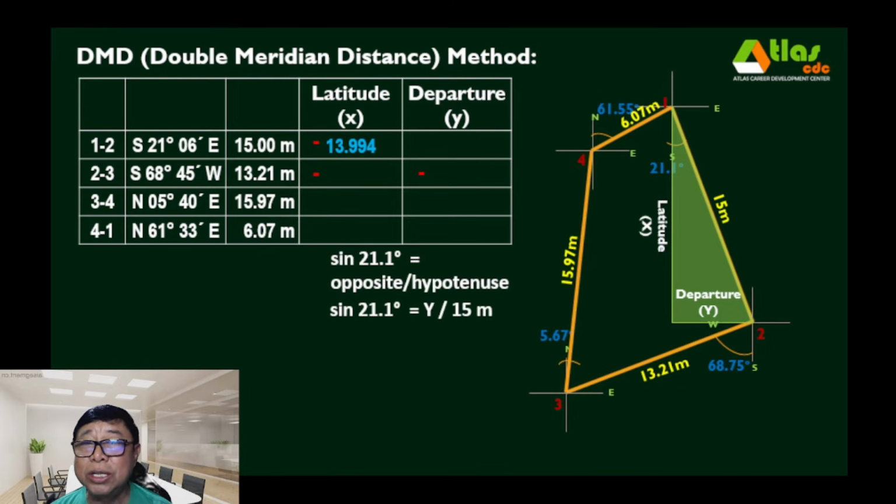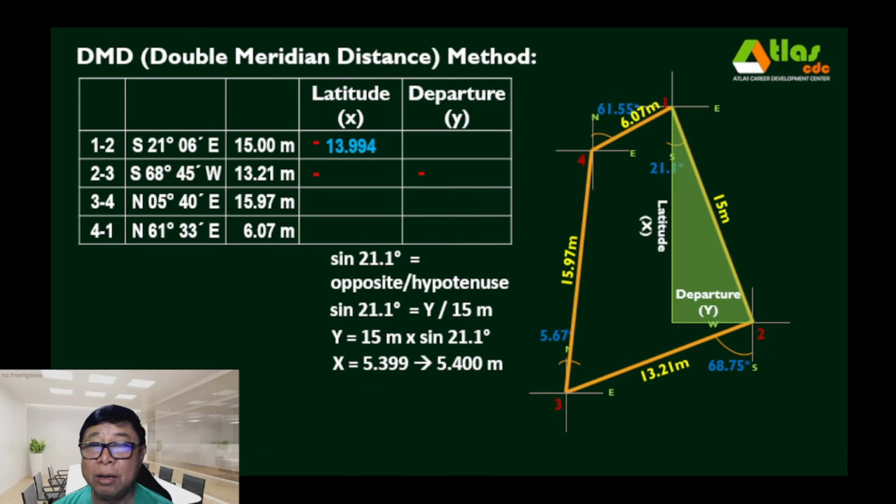So your Y value is 15 meters multiplied by sine of 21.1 degrees, which will give you a value of 5.399, or we can round it off to 5.4. So we can now put it in the table, and then for the rest you can do the same.